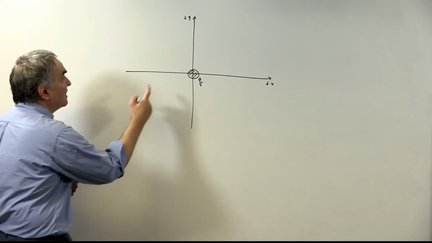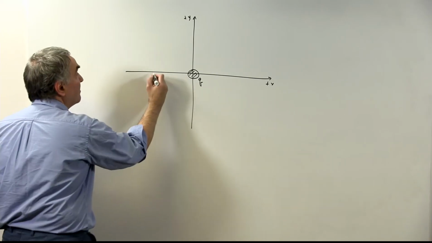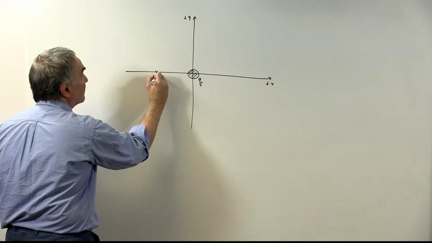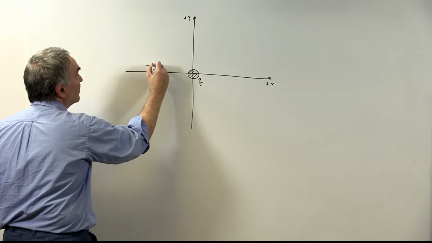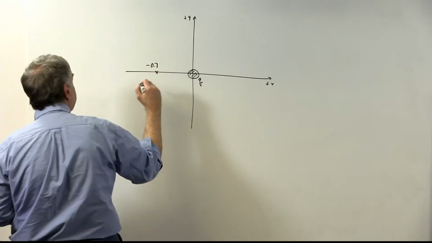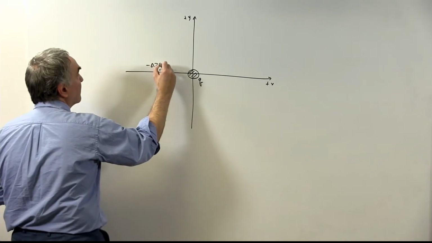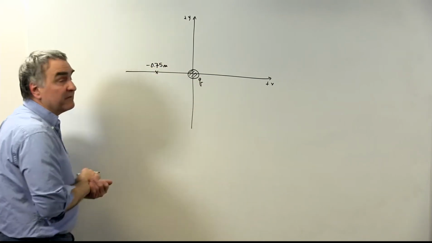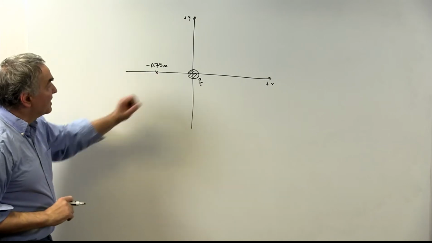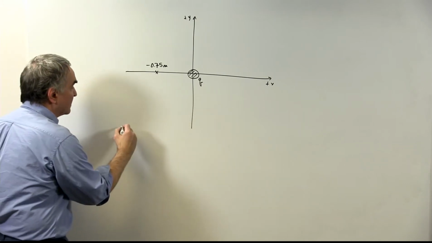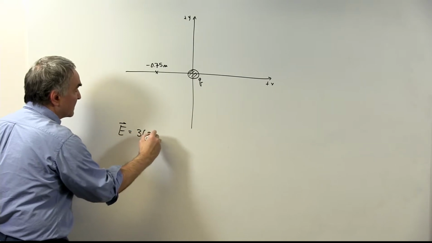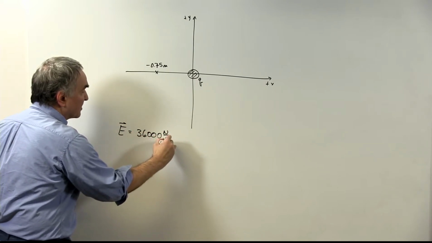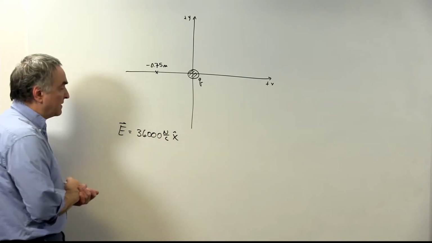We don't know what the charge is, but if we come over a distance of minus 0.75 meters in the negative x direction, we know what the electric field is at that location. They say the electric field is 36,000 newtons per coulomb x hat.